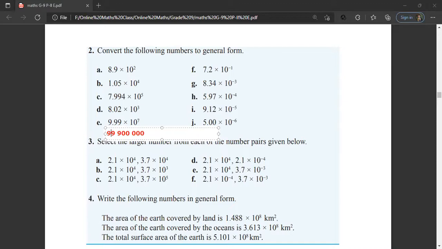Yes. How many millions are here? 99 and 900,000. 99,900,000. That's only. Next.